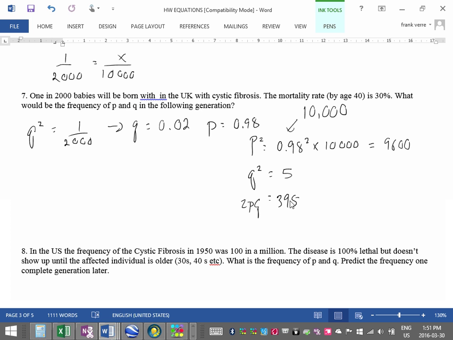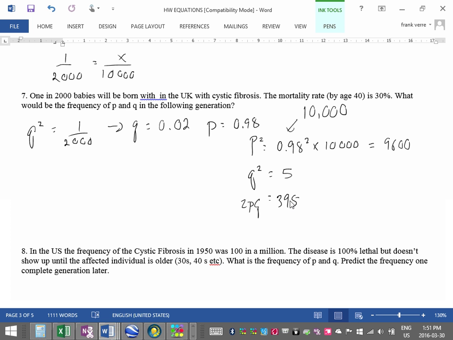If we have 10,000 individuals, 9,600 would be P squared, 5 would be Q squared, and 395 would be 2PQ. 9,600 don't even have the allele.